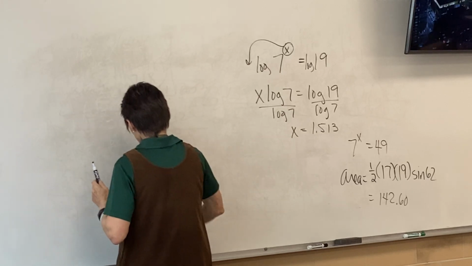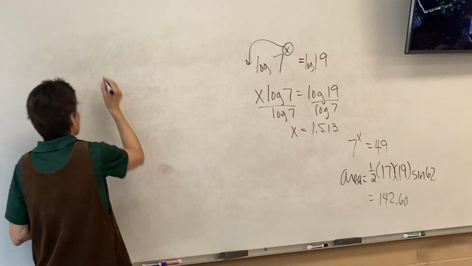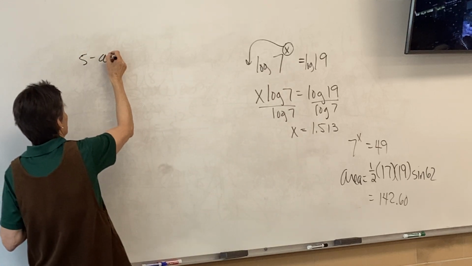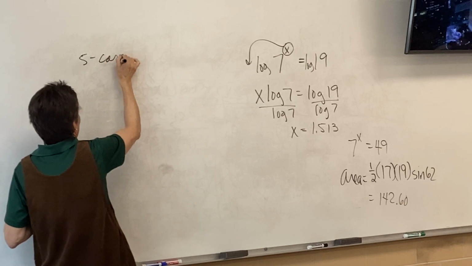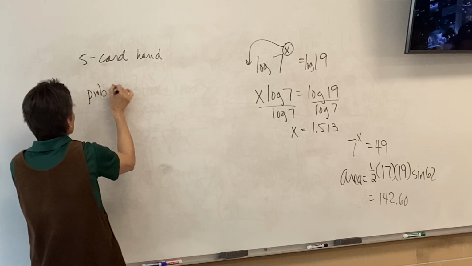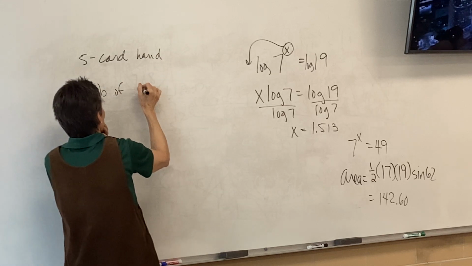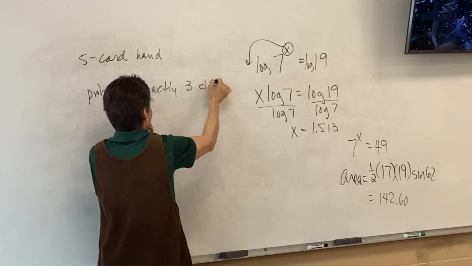Alright, and then she wants to do another card problem. So let's say we have a 5-card hand. And you want to know what's the probability of exactly 3 clubs.